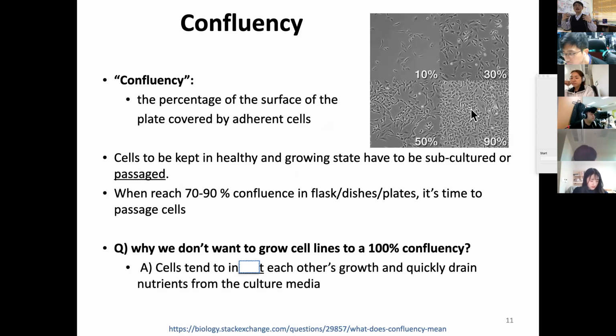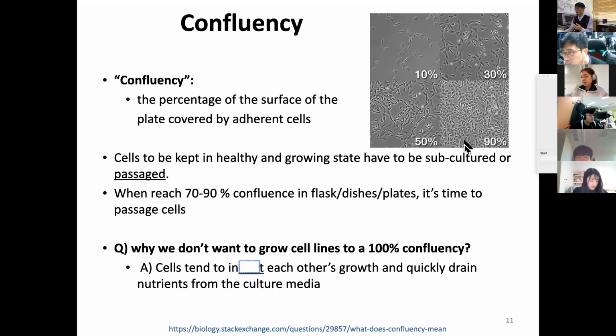We call it contact inhibition. Then these cells may not grow very well. So the point is, before reaching 90% or higher, you'd better subculture, okay? At 70 to 90, even between 50 to 90%, when you find that you'd better subculture, it's time to passage cells.